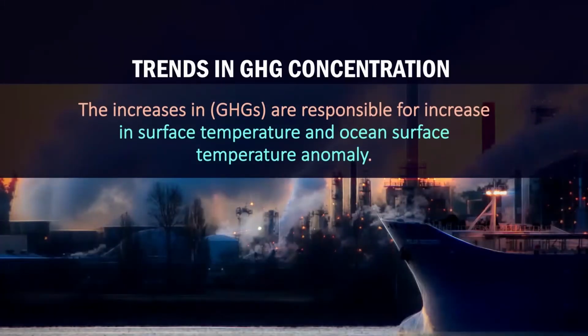That is a very significant point, and it has been proved beyond doubt. The increases in the greenhouse gases are responsible for increasing the surface temperature; over the last two centuries the surface temperature has increased by 1 degree centigrade, because of the increase in the greenhouse gases.